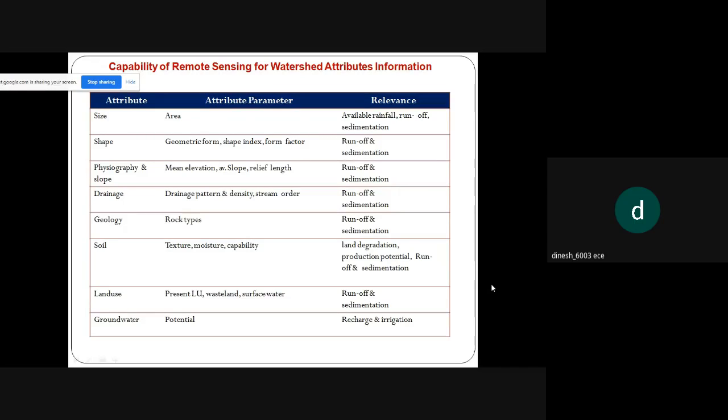The soil: the texture and moisture capability, depending upon different types of textures, moisture levels, and capabilities of the soil to absorb water, all give relevance towards land degradation, production potential, runoff and sedimentation. Next attribute is the land use, and the parameters are present land use, wasteland, and surface water. All these parameters are relevant to runoff and sedimentation.